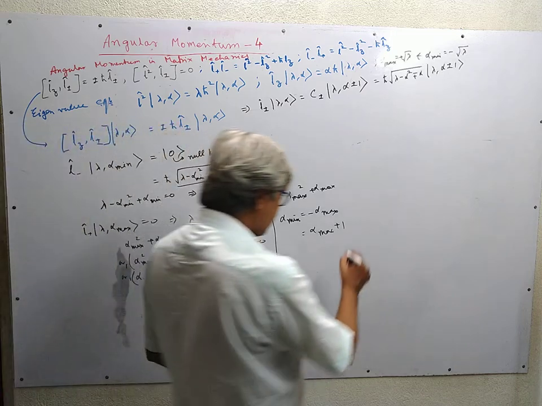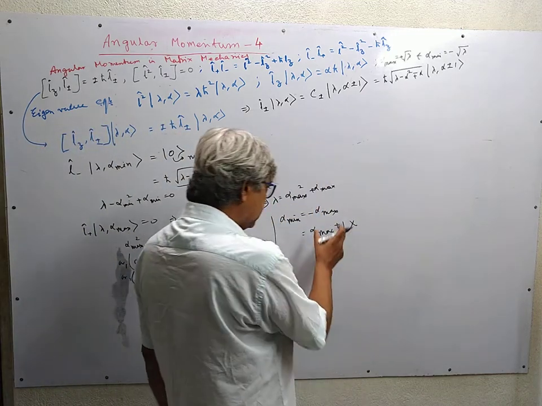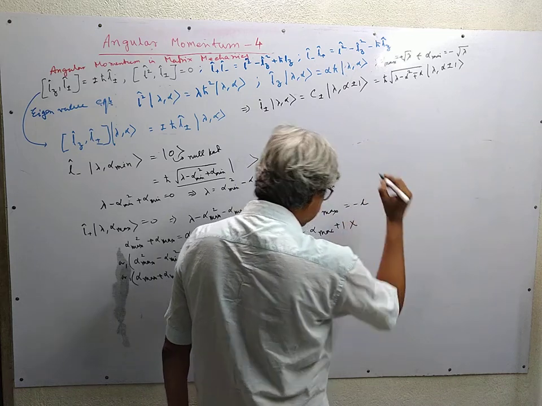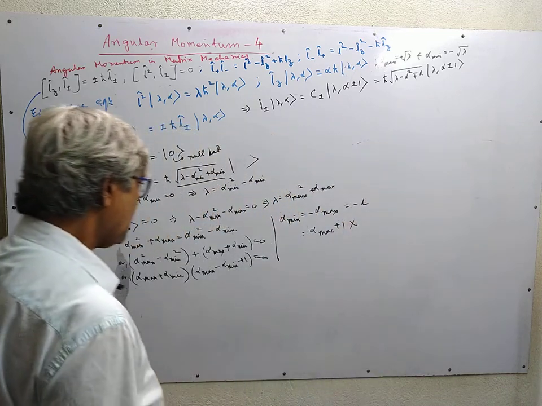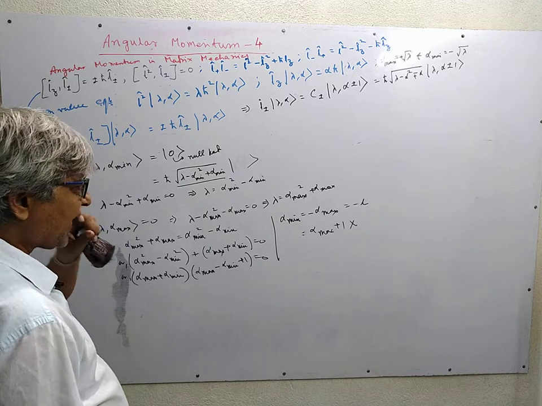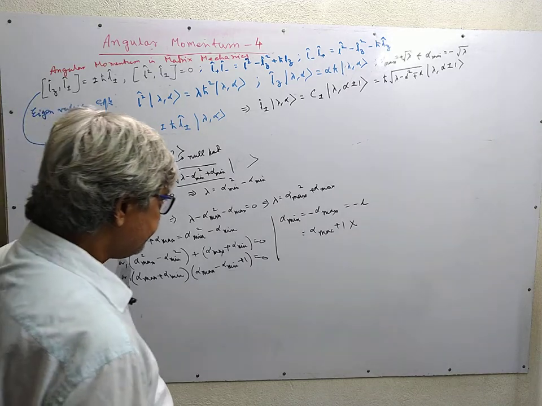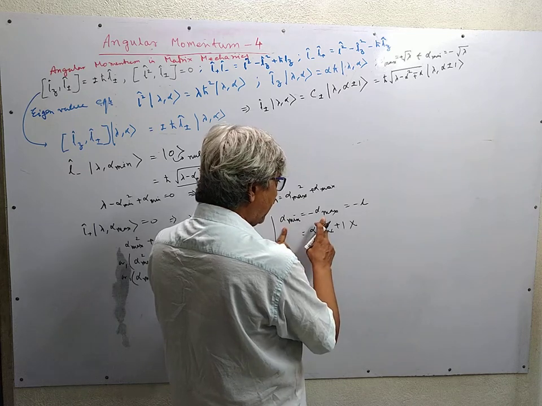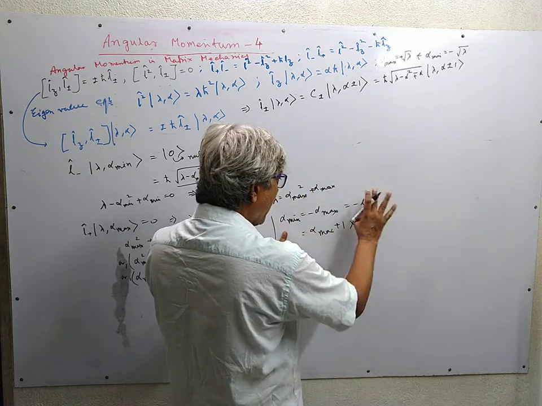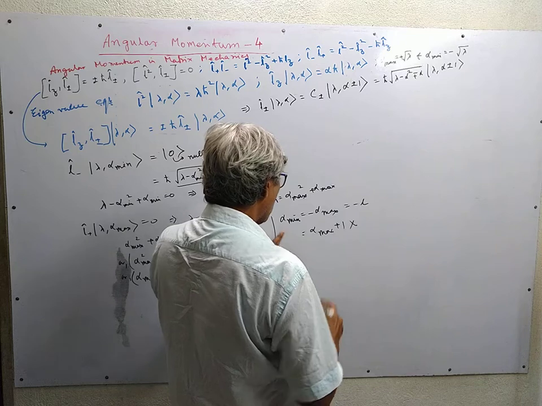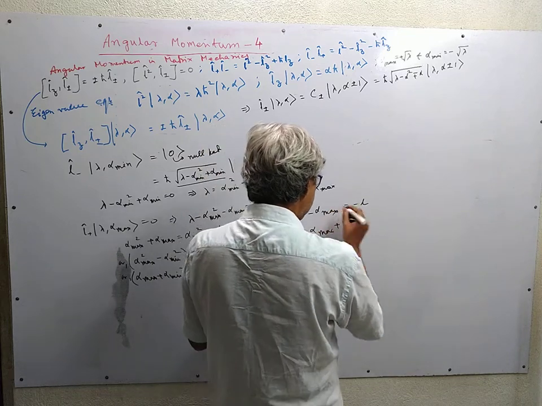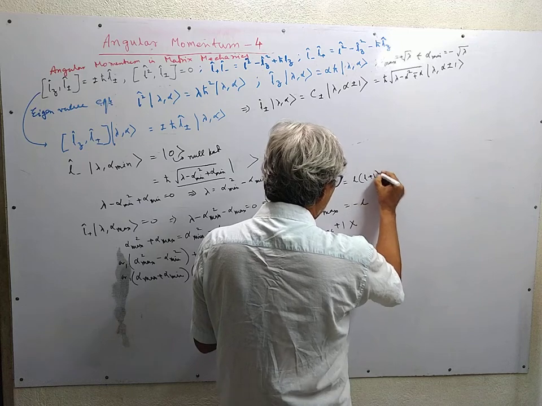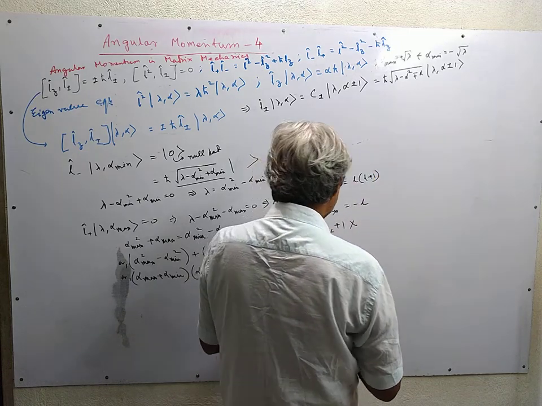So this is not possible, and we write it is equal to minus L. So we conclude that the minimum and maximum value of alpha is related to lambda. So lambda value is L into L plus 1.